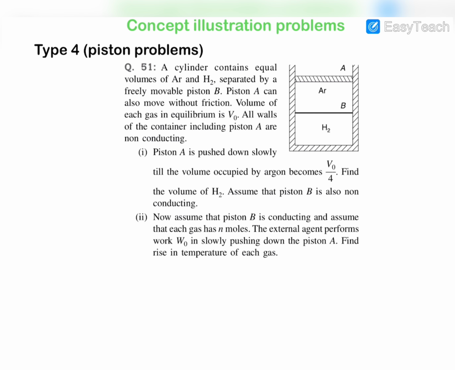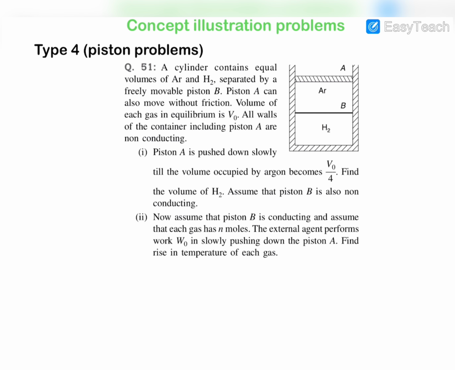So in this first question you can see that there is a cylinder which has non-conducting walls as well as a non-conducting piston. This piston A is movable and non-conducting, and the volume of argon and hydrogen initially in both the chambers is the same, equal to V naught.